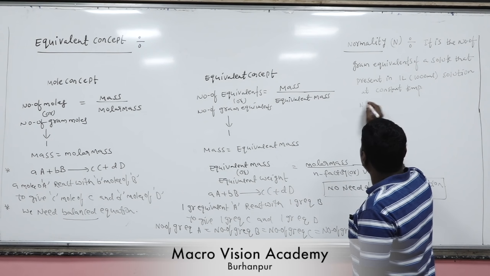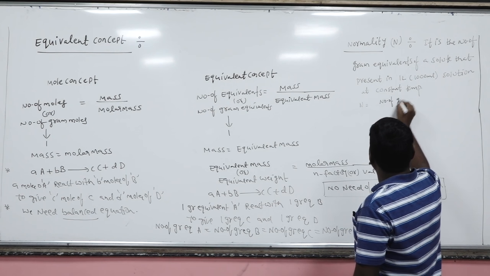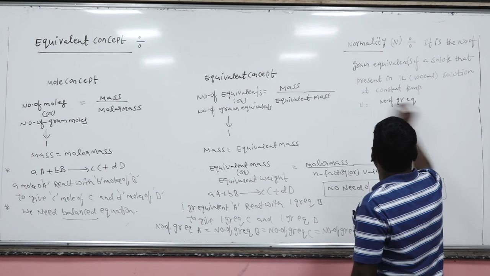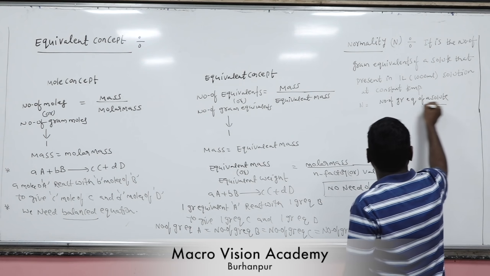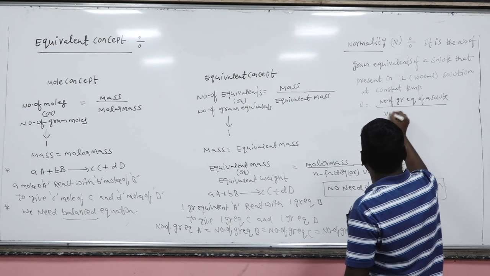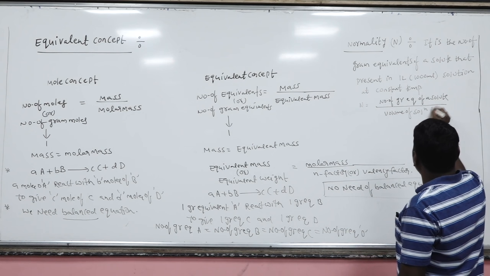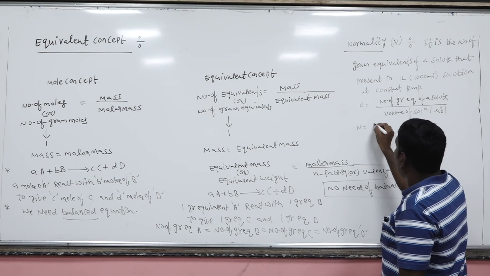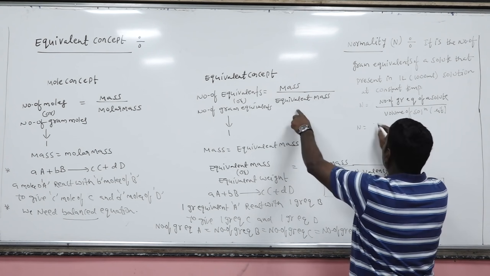Normality is the number of gram equivalents of a solute divided by the volume of solution in liters. Now, how to find the number of gram equivalents of a substance?